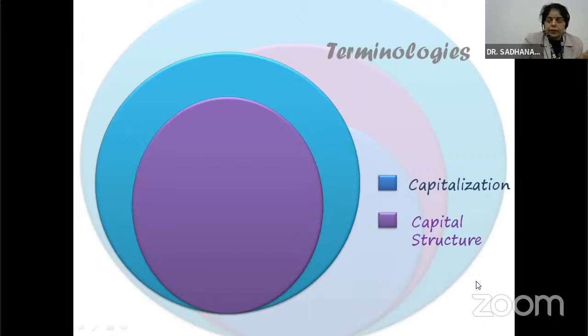Suppose 1 crore rupees is required from a business point of view. Then how do we get this 1 crore rupees? The formation of 1 crore rupees is known as the capital structure.